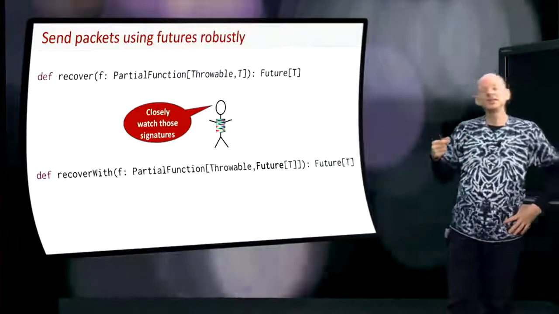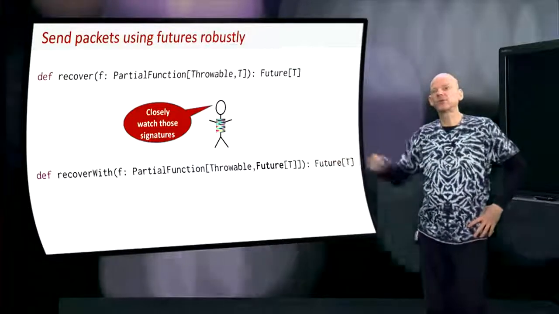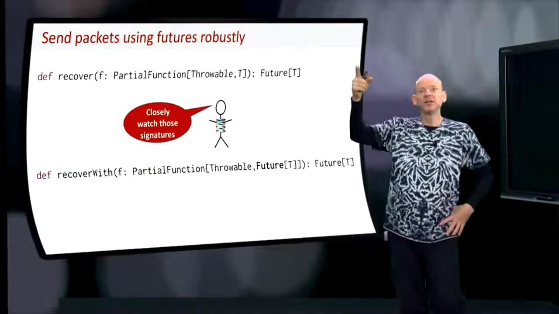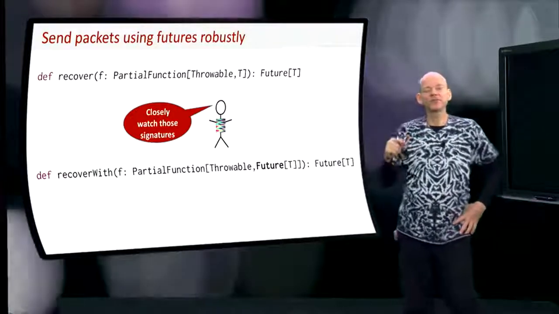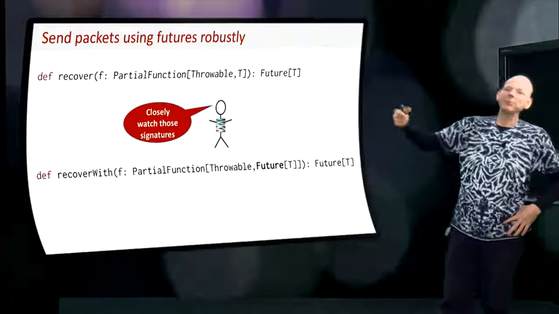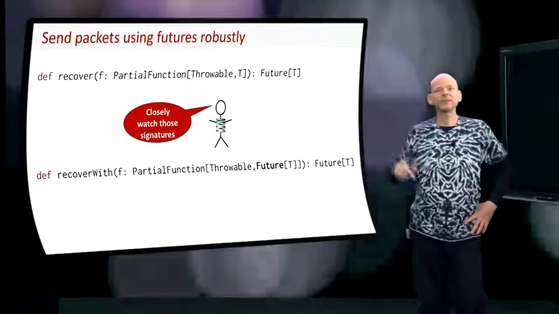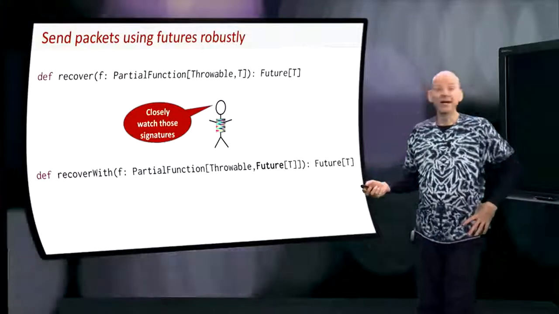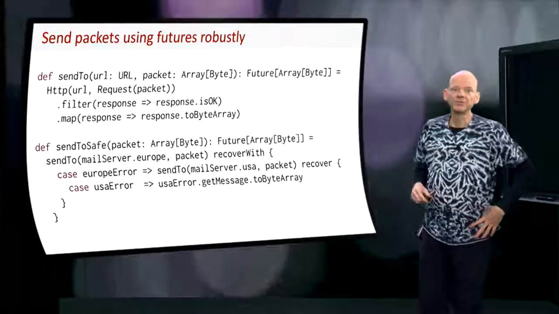So it's the error case for flat map. And then we have recover, which takes a throwable and returns a T, which is the map for the error case.